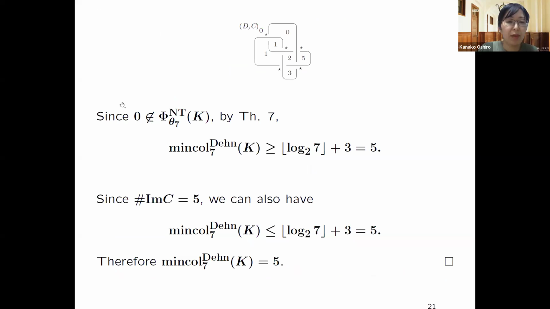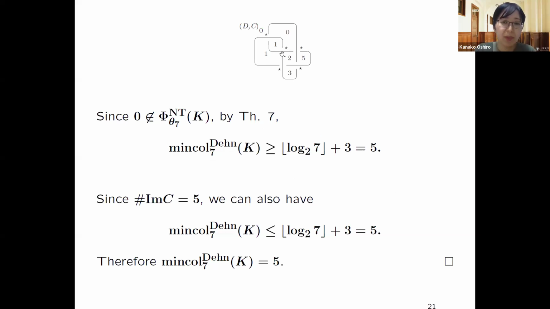So by the previous theorem, we have the minimum number of Dehn 7 colors of the knot K is greater than or equal to the floor function of log 2 7 plus 3, which is equal to 5.